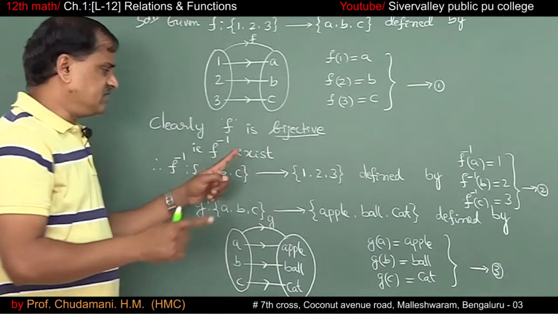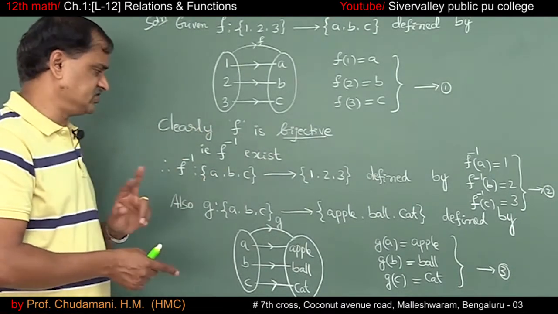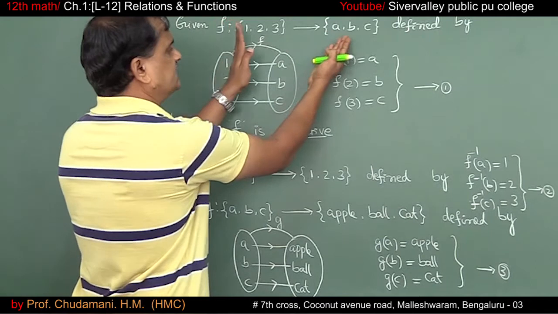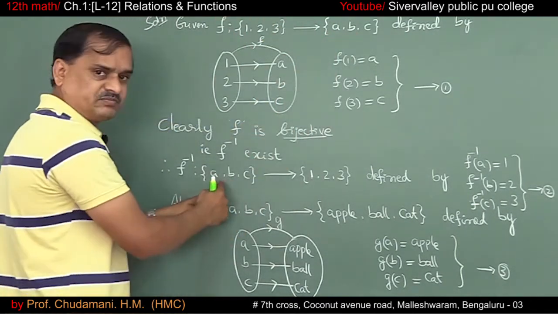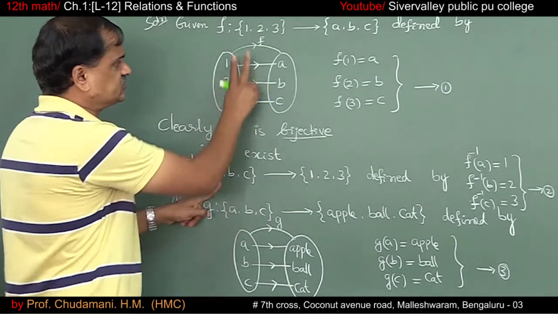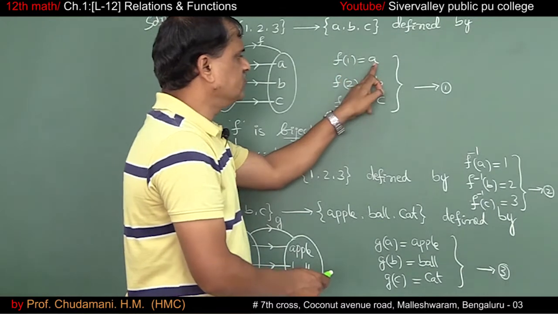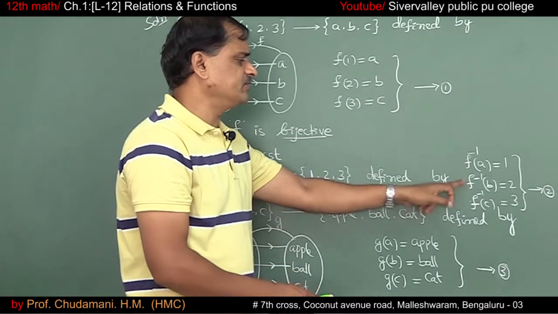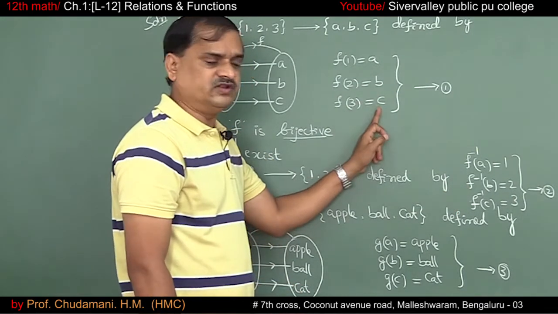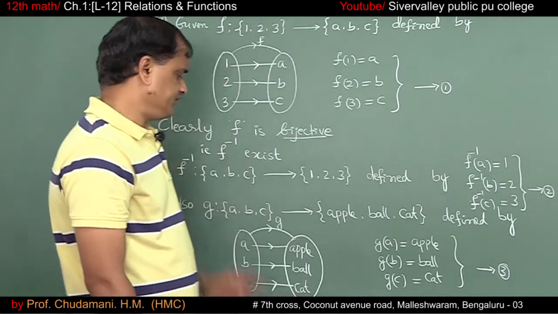So both 1-1 and onto means f is bijective. Since f is bijective, the inverse of f exists, and is defined from B to A, that is f inverse from the set {A, B, C} to the set {1, 2, 3}, defined like this: f inverse of A is equal to 1, f inverse of B equals 2, f inverse of C is equal to 3. Say this is equation 2.